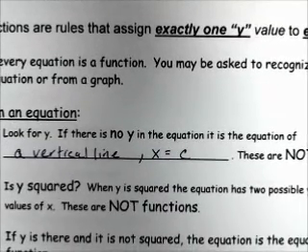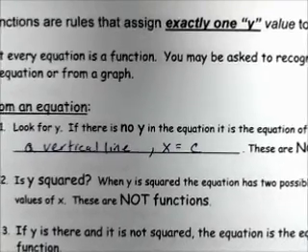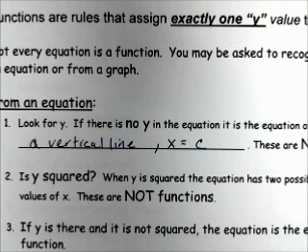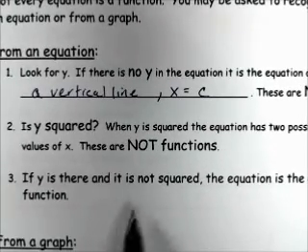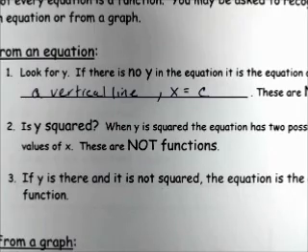Is y squared? When y is squared, the equation has two possible y values for some values of x. These are not functions. So if there's no y in the equation, it's not a function. If y is squared, it's not a function. If y is there and it's not squared, the equation is the equation of a function.